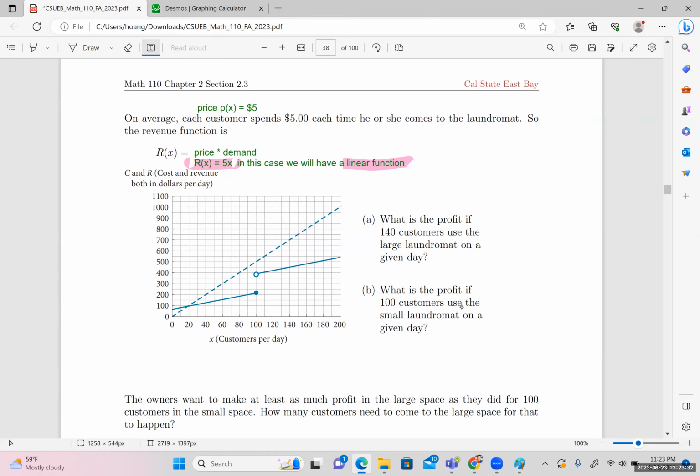And I'm going to graph both of those on the same coordinate, same graph here. As you see, the dashed line is the revenue, R(X) equal to 5X. And the next one is the cost function as a piecewise function.